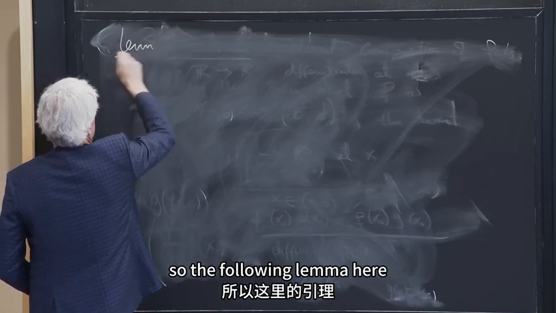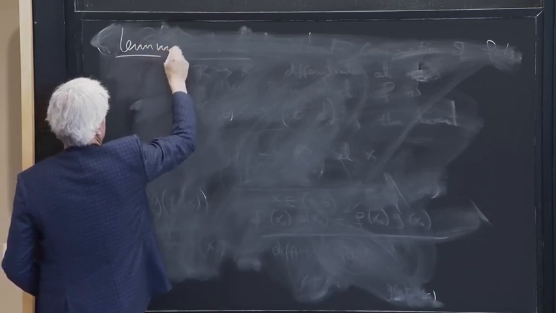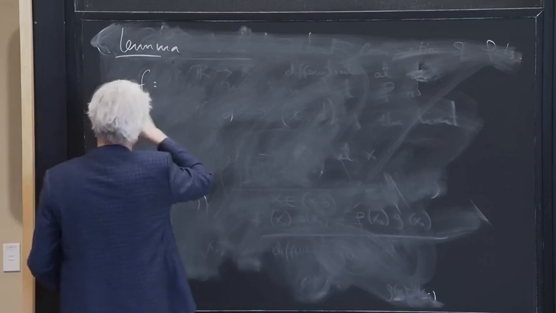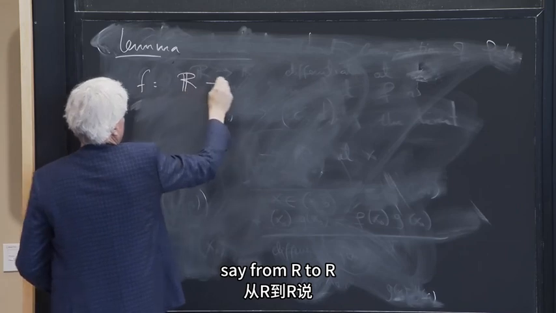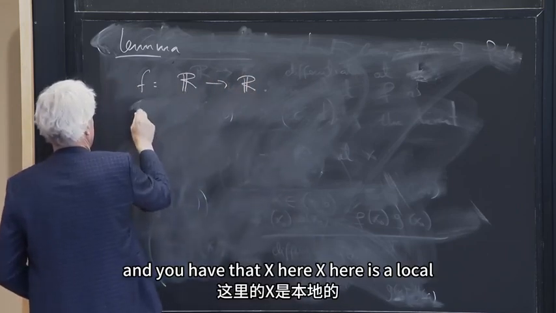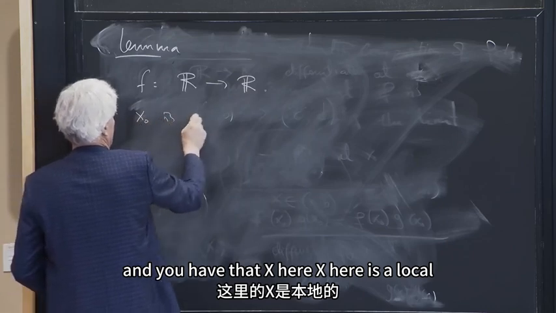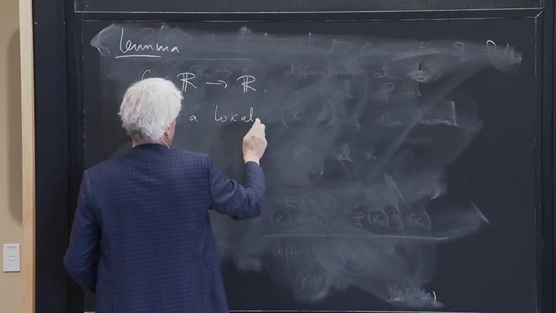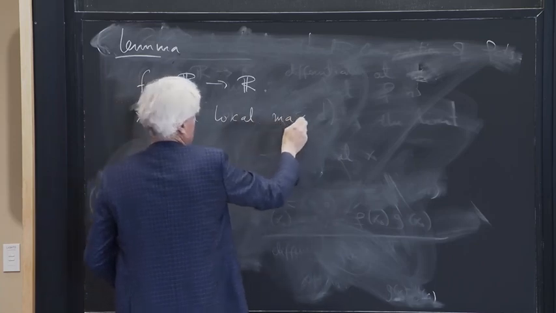So the following lemma here. If you have a function, say from R to R, and you have that x0 is a local max or min.